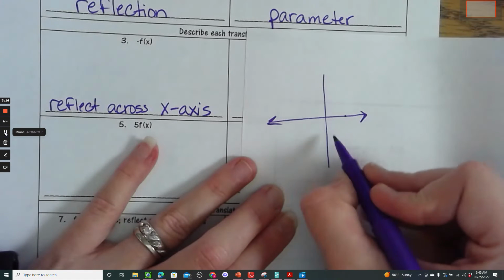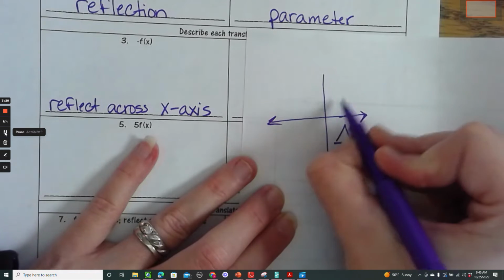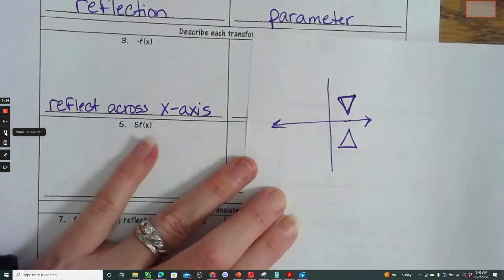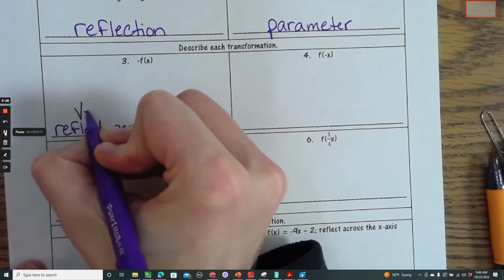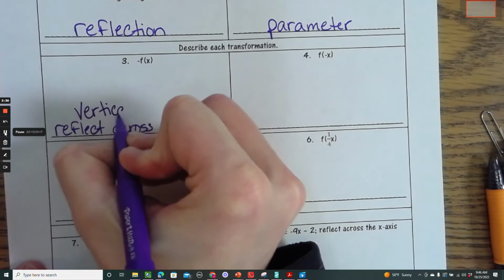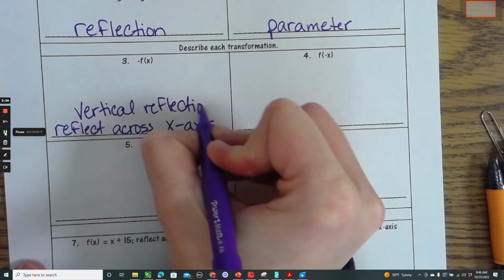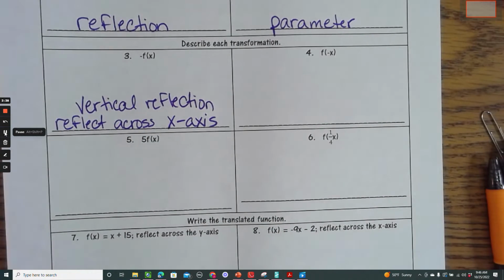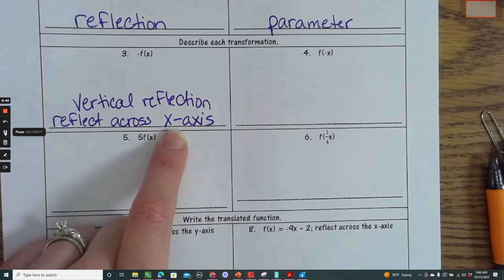I'm not going to do a line. If I have a triangle and I reflect this across this x-axis, it looks like this. That's my reflection. So it's also called a vertical reflection. Either is correct. Vertical reflection or reflecting across the x-axis. Know for sure which axis you're flipping across.